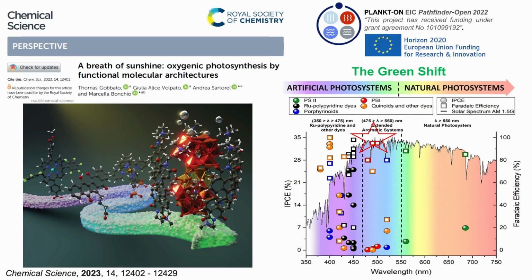If you're interested in this review, you will see the artificial catalytic system or photosystem compared to the natural one, okay? We have this green wall that it's really difficult to overcome, okay? And so, of course, our goal is to use low energy photons in order to drive this reaction.